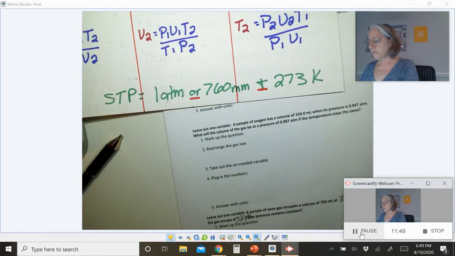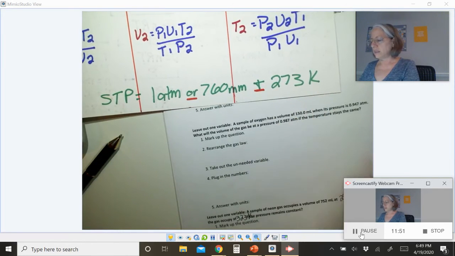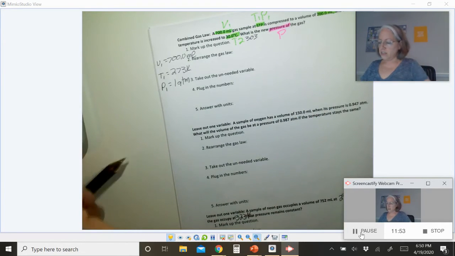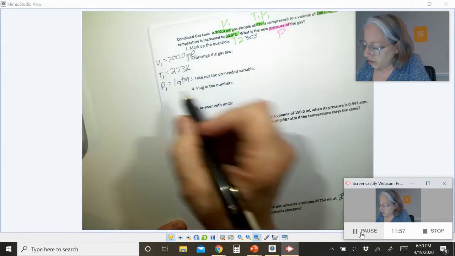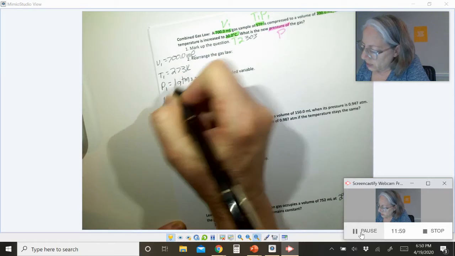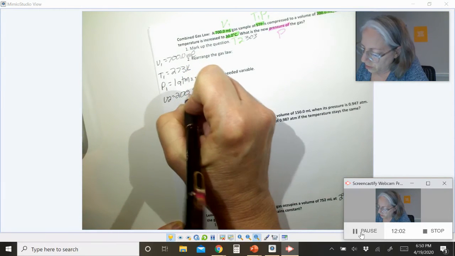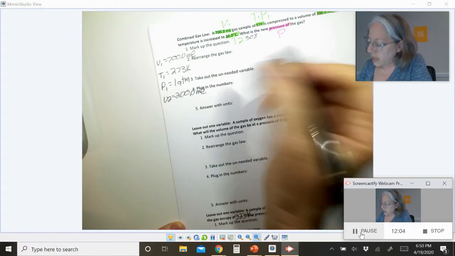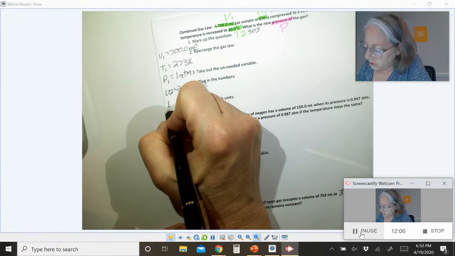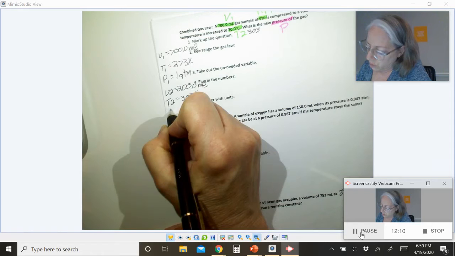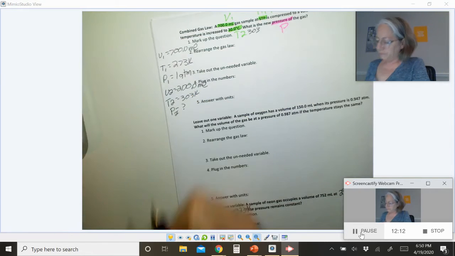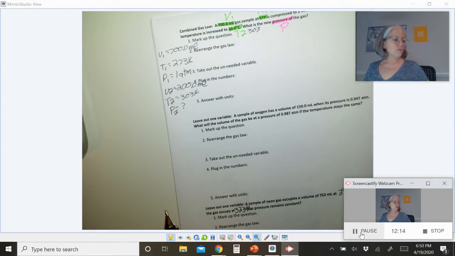ATMs is where we are. And there we go. So that's our conditions in the beginning. A new volume is 200.0 milliliters. And the new temperature is our 303 Kelvin. And the new pressure is what we're looking for.